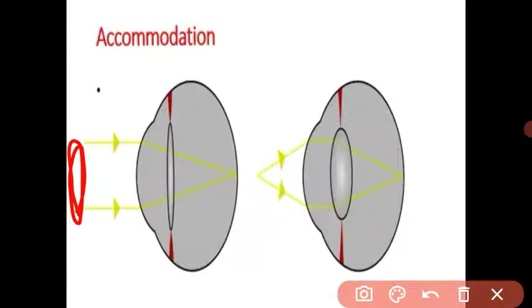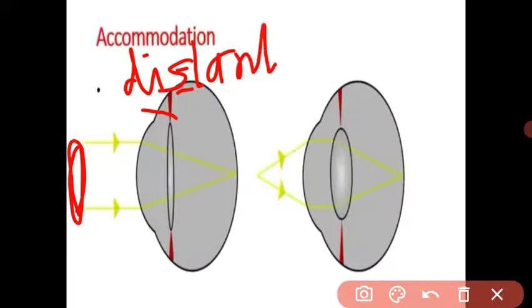See students, look at this figure, where the object is very far away. At that time there is the ciliary muscle and this is the suspensory ligament. The ciliary muscles are relaxed. This is distant vision. The ciliary muscles are relaxed and suspensory ligaments are stretched.